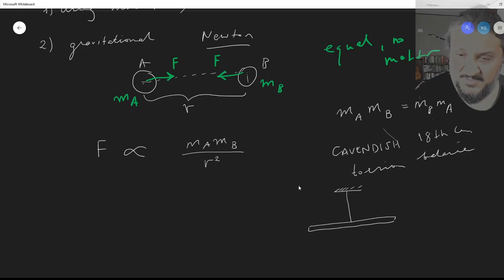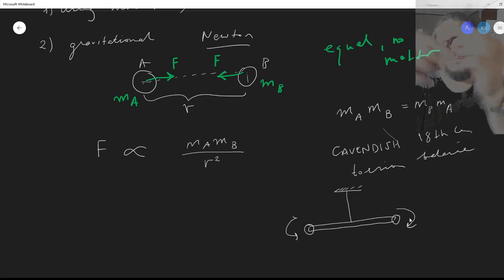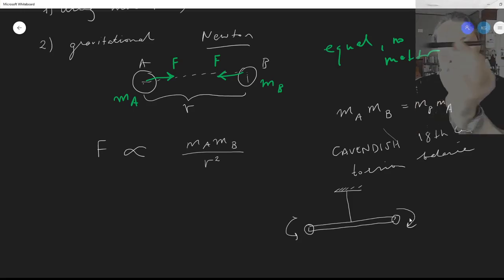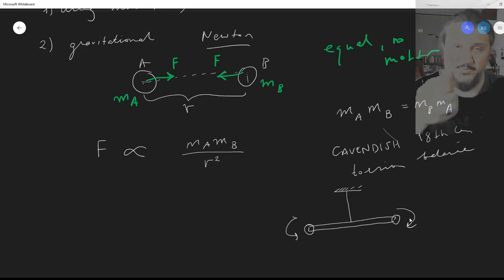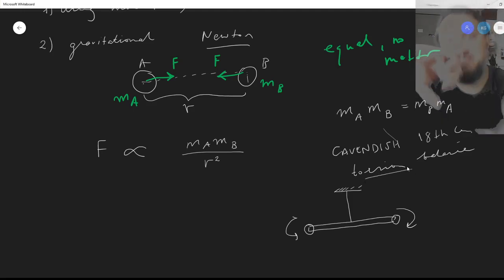So you put balls here, and it's free to rotate. It can rotate on a plane, not like this, but like that. It's free to rotate, but if you move it from the equilibrium position, it wants to go back to the original. It acts like a spring in a way, but that's why it's called torsion balance. That kind of force is obtained by twisting the wire. That's why we call it torsion.